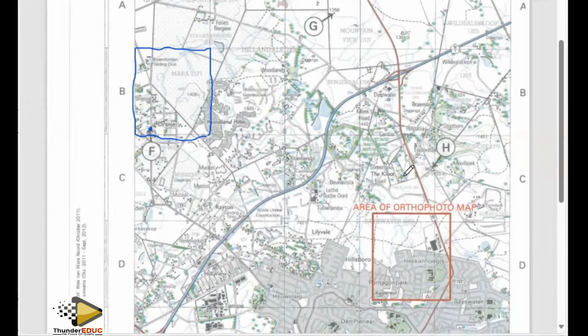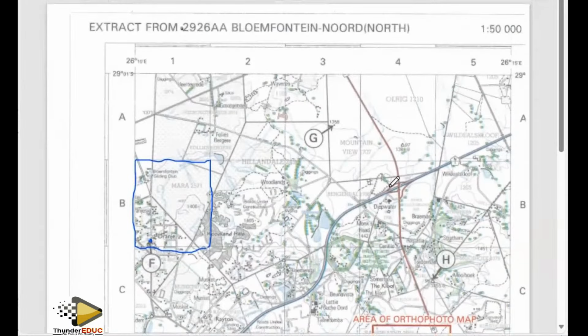So remember, when you are picking coordinates, we use the northwest corner of the block, or northwest corner is this one. We want to identify the degree value of latitude and minute value first for that particular corner. Right, starting from here, we are seeing that our first line of latitude has got 29 degrees and 0.1 minutes to the south, which means the next line is still within 29 degrees.